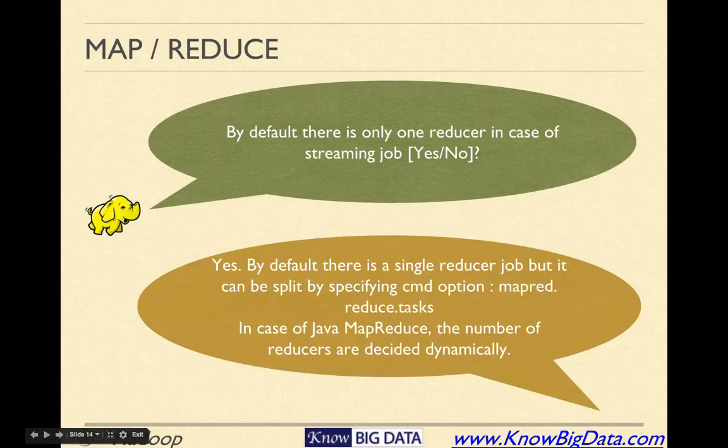By default, there is only one reducer. But it can be split by specifying a command line option called mapred.reduce.task. We could say -D mapred.reduce.task=10. In case of Java MapReduce, the number of reducers is decided dynamically.